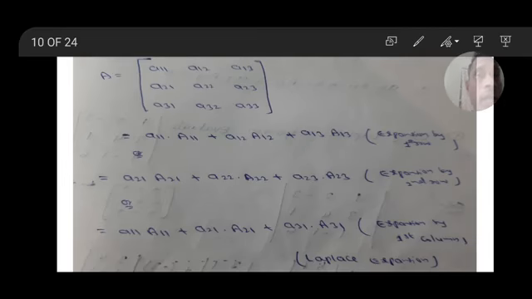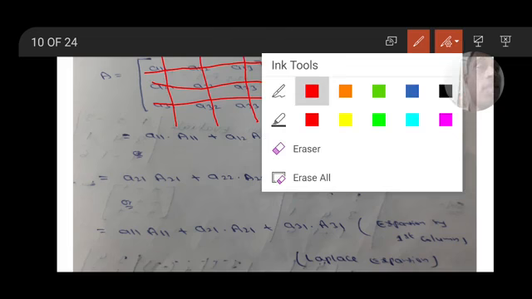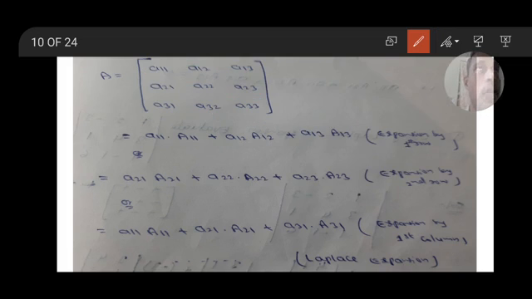Suppose capital A is the matrix a11, a12, a13, a21, a22, a23, a31, a32, a33. The determinant can be calculated in 6 ways. In a 3 by 3 matrix we have a total of 3 rows, first row, second row, third row, and first column, second column, third column. In total, 6 ways we can find the determinant, using the elements of any row or column. First I am taking the first row.